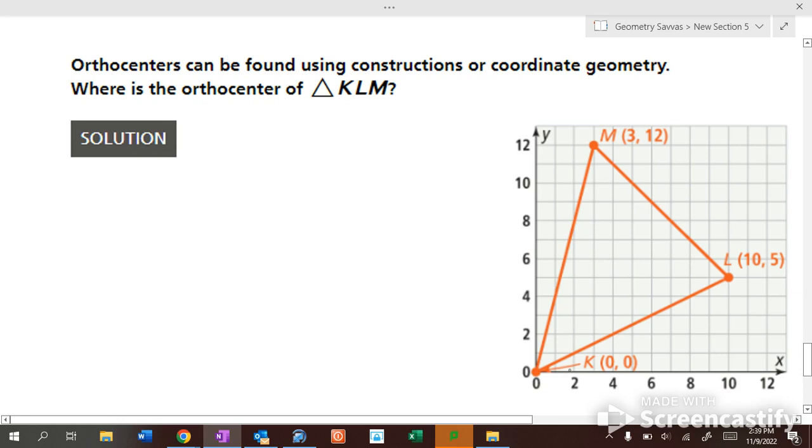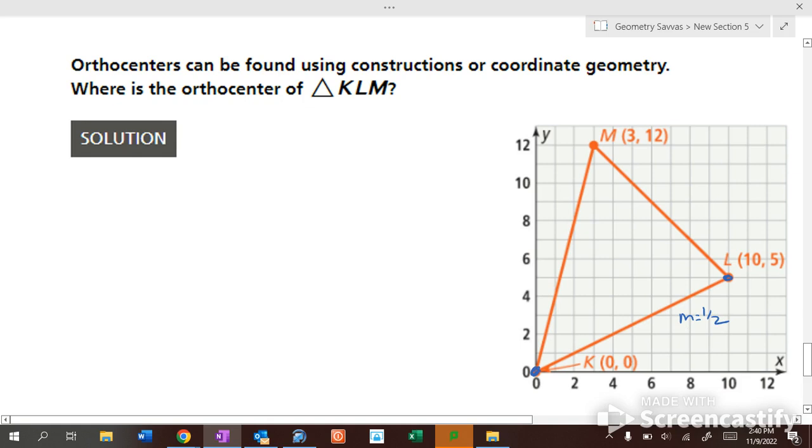Okay. What you would have to do is find the slope from 0, 0 to 10, 5. What's the slope? What's my rise over my run? Well, I rise up 5 and I run to the right 10. So my slope of this line is 1/2. Okay? And an altitude is perpendicular to that.